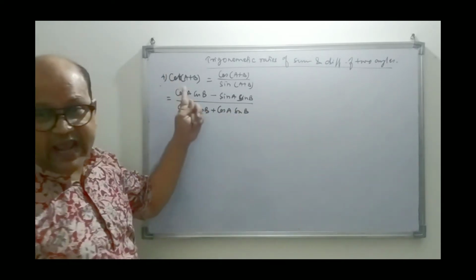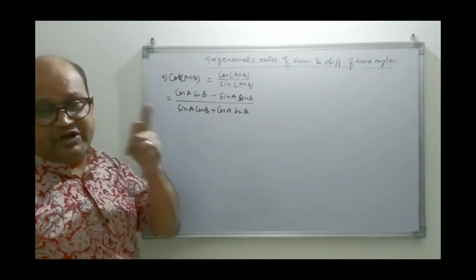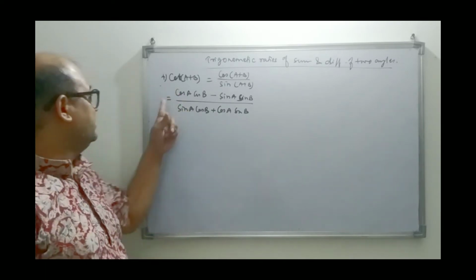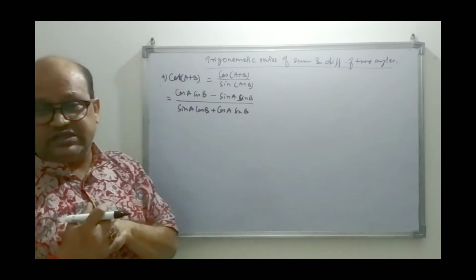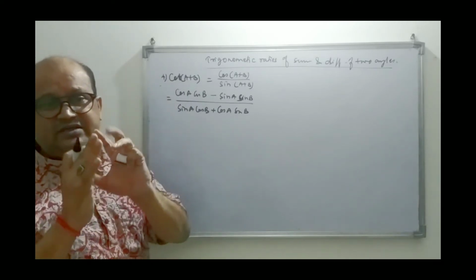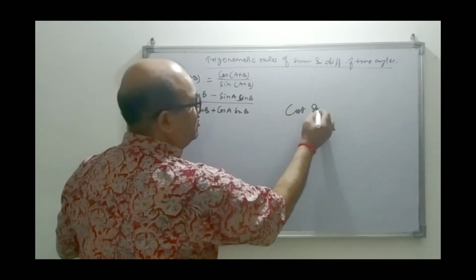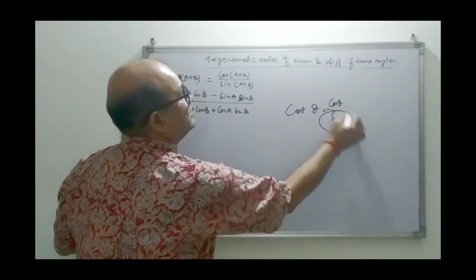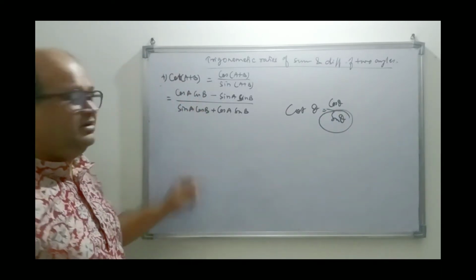Earlier it was tan(A+B), and we divided by the denominator of tan, which is cos, so I divided by cos A cos B. Here, the denominator of cot is always sin. We know cot theta equals cos theta by sin theta. So here the denominator is sine, and we'll divide by sin A sin B.